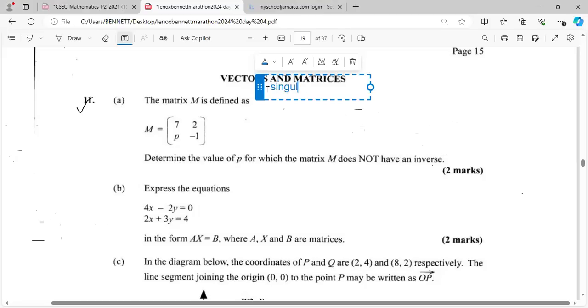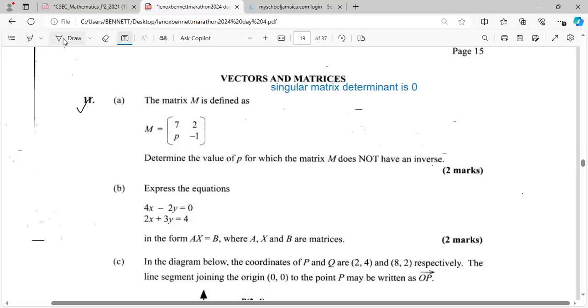So when it's a singular matrix, the determinant is 0. What they're basically trying to do is to say what number P can make the determinant be 0.